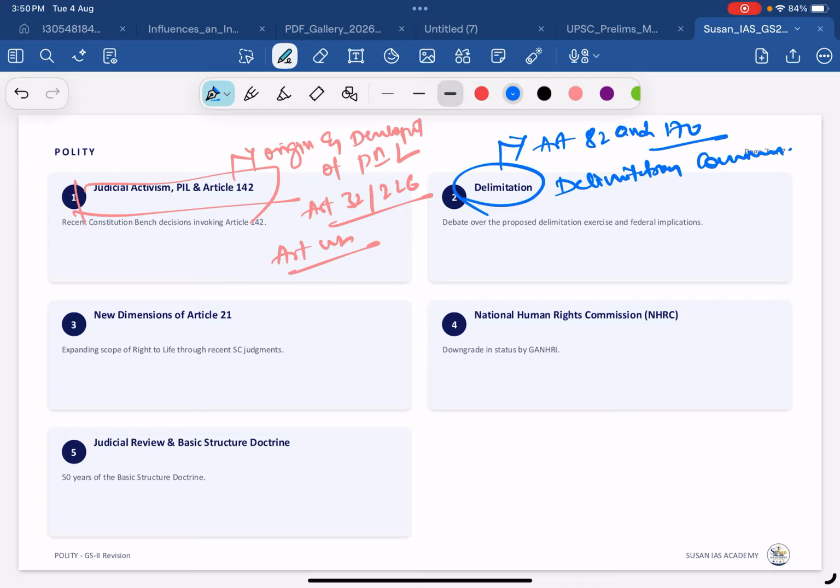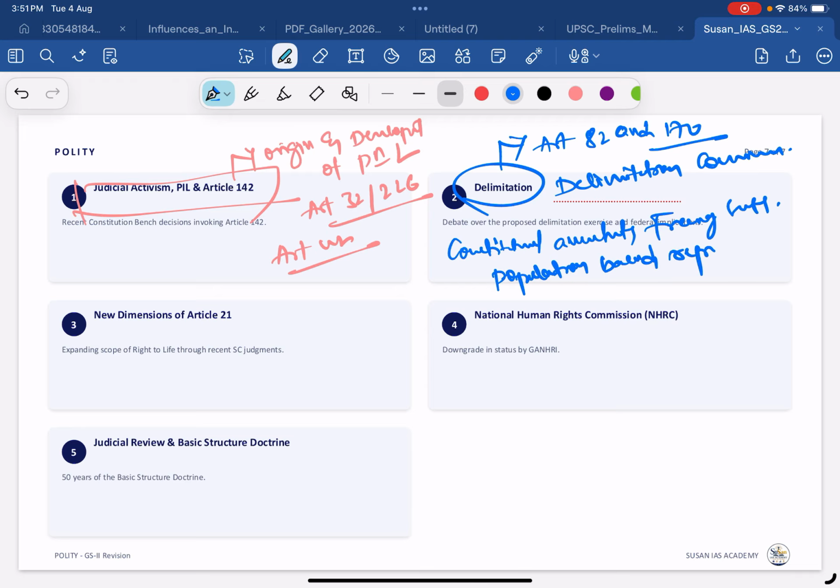Okay, constitutional amendments, freezing seats, and population-based representation, north-south concerns, federal implications. For north-south concerns, there has been news that there will be a greater number of Lok Sabha seats in northern India compared to southern India.